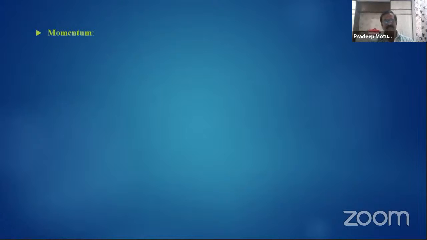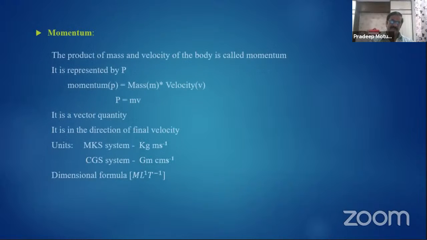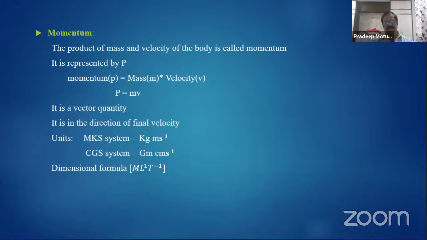Next, another important physical quantity is momentum. What is momentum? Momentum is the physical quantity that is the product of mass and velocity of the body. If a body is in motion, it has momentum. If a body is moving in a straight line, we can represent it as linear momentum.